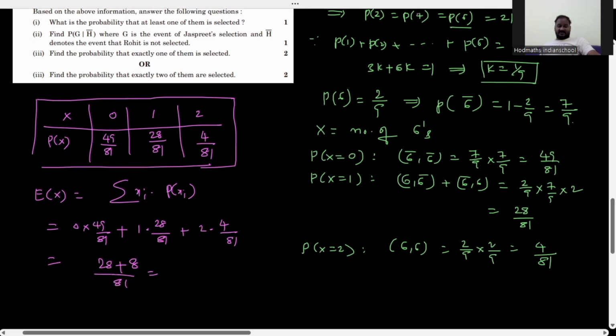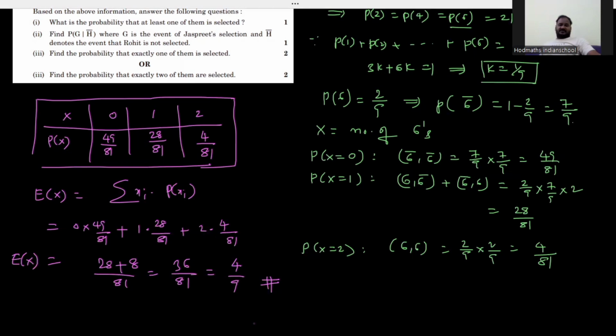So 28 plus 8 is equal to 36 divided by 81. 36 and 81 can be cancelled by 9, right? 9 4s are 36, 9 9s are 81. So 4 divided by 9 is the required expectation of x.